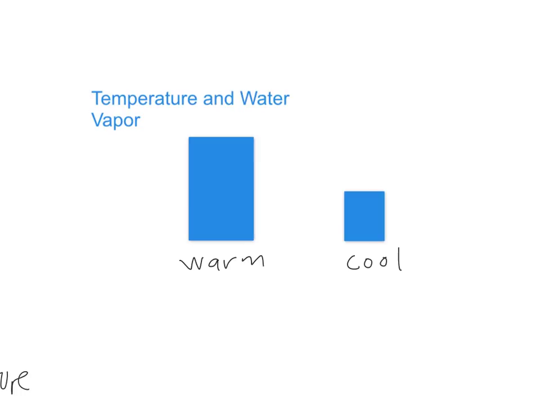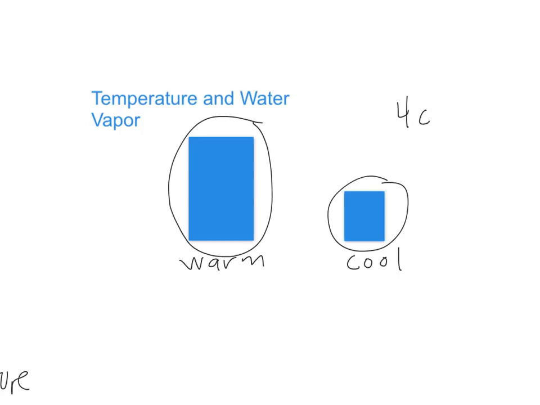What I want us to think of is each one of these as just like a container. In each one of these containers, I'm going to add 4 cups of water, so I'm filling them up with moisture. I'm going to add 4 cups of water to this larger container and 4 cups to this smaller container.